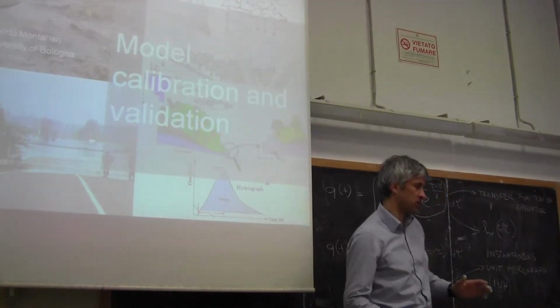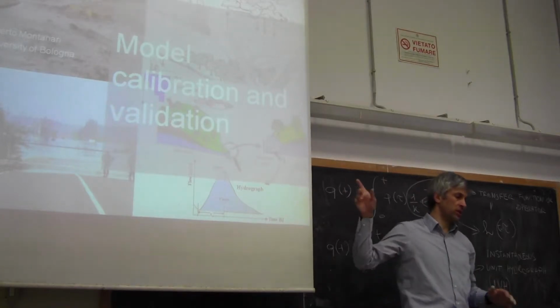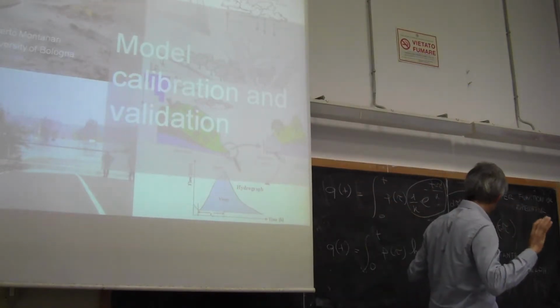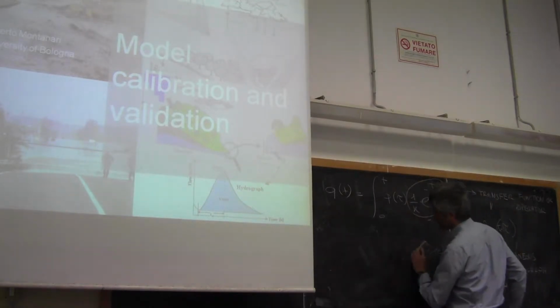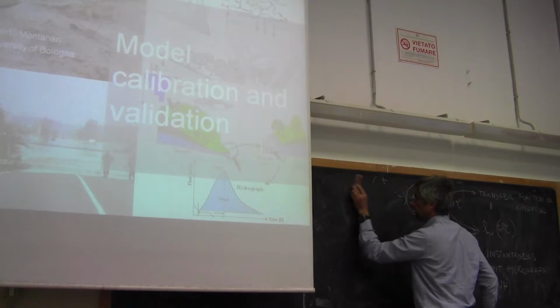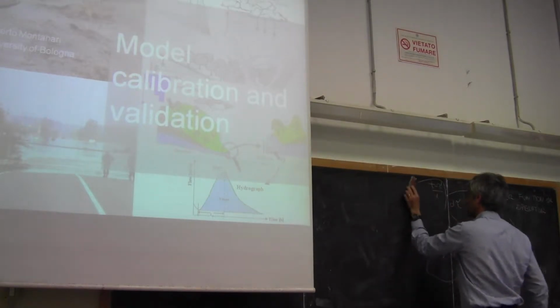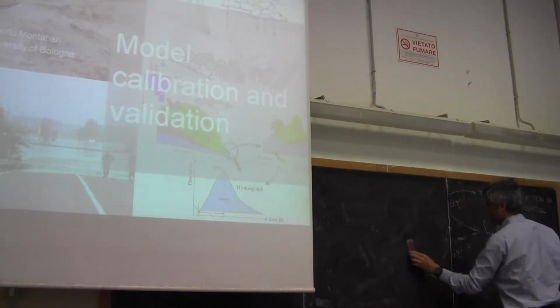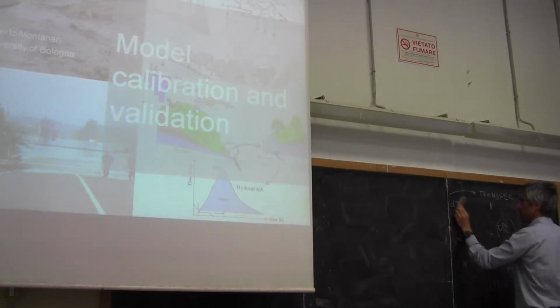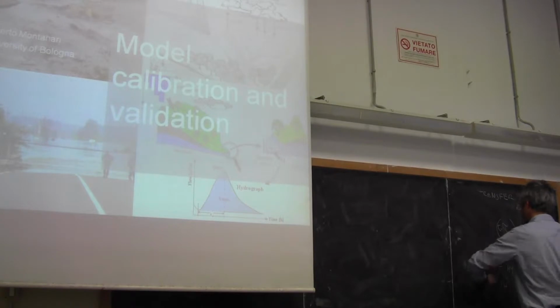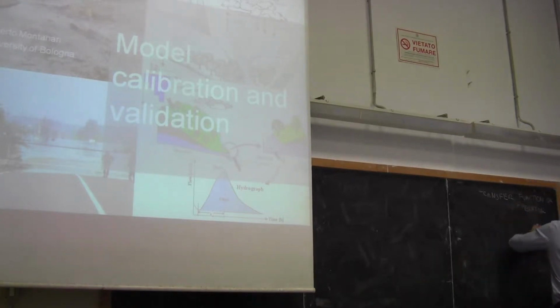Basically, what I'm talking about is what is called here model calibration. First of all, let me clarify the terminology, because there is more than one term that can be used to mean parameter estimation.